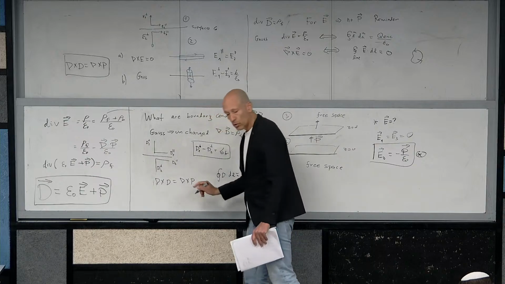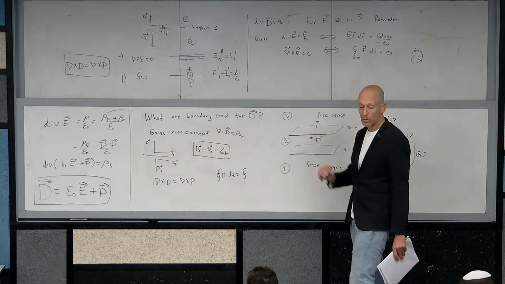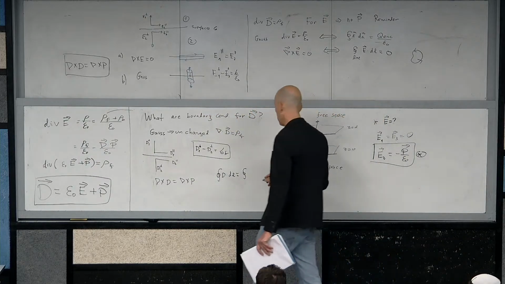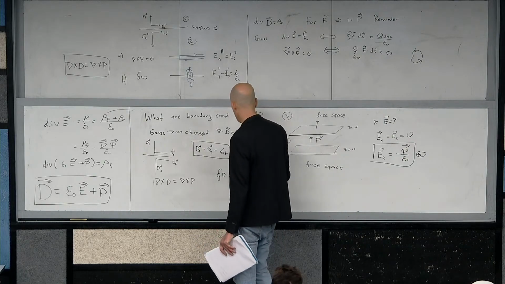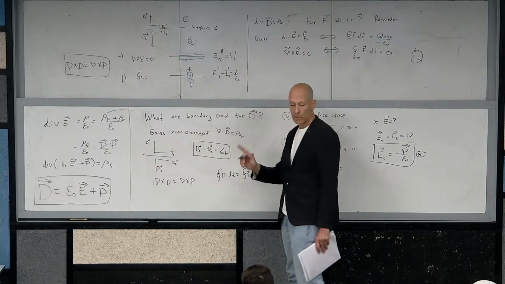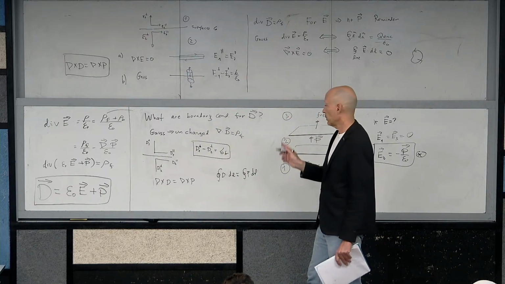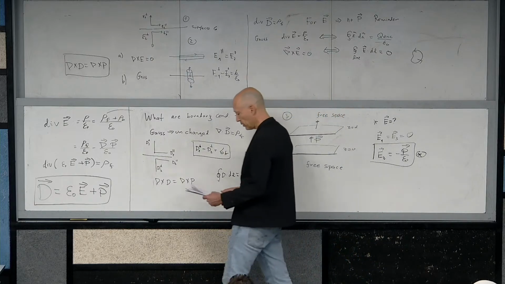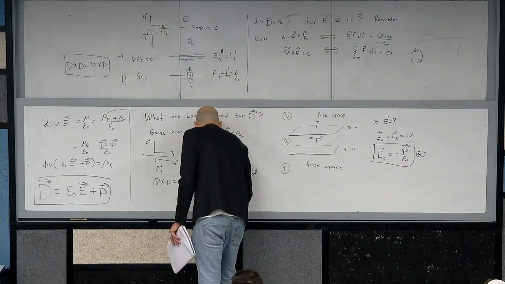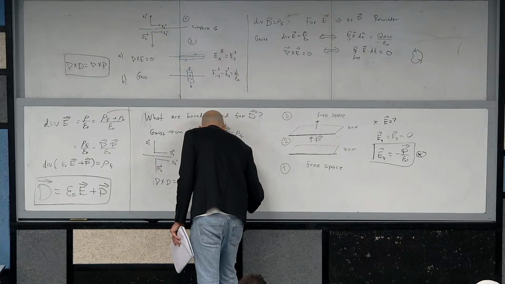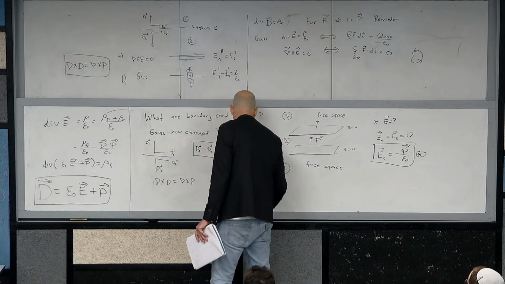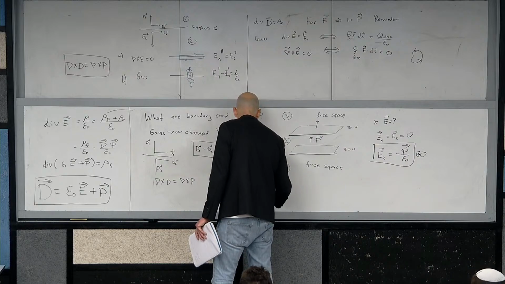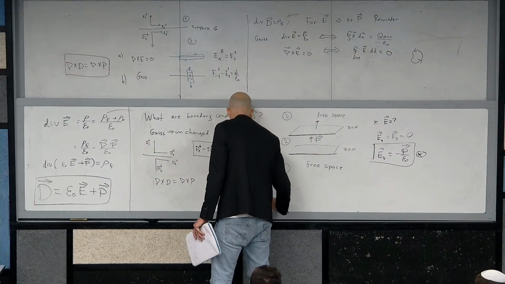Again, why is this correct? Because curl E is 0. So the jump is like that, and that means that D1 minus D2, parallel components, is equal to P1 parallel minus P2 parallel. So this is the boundary condition.